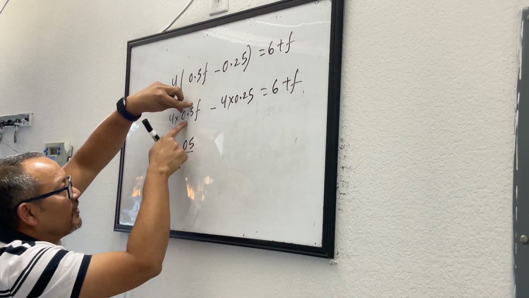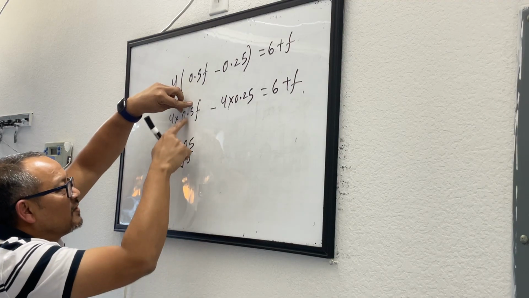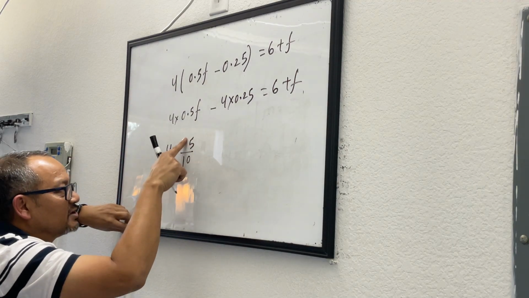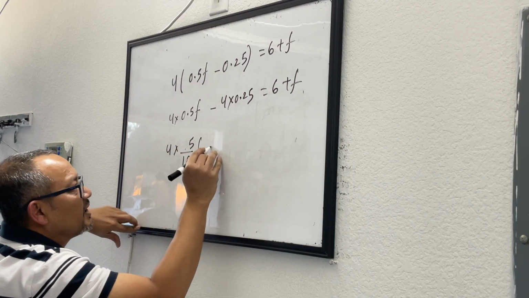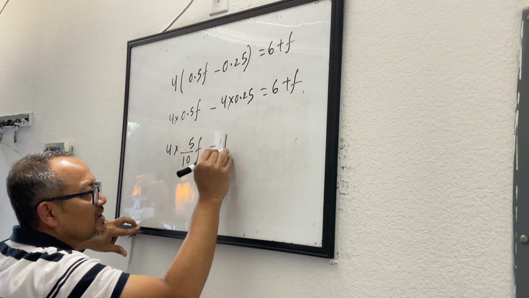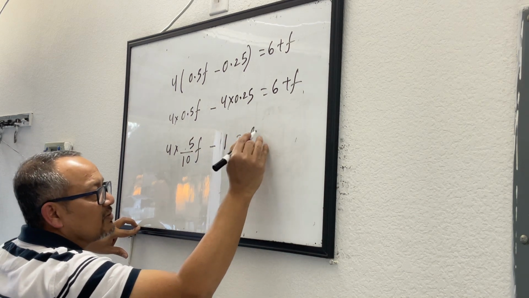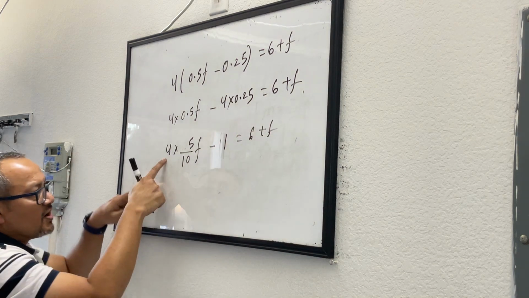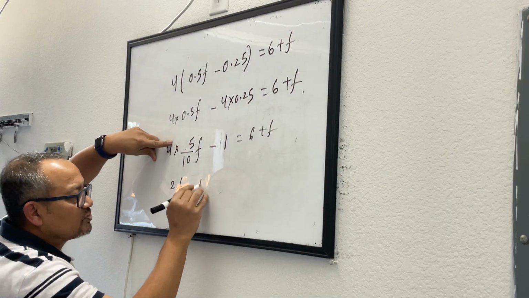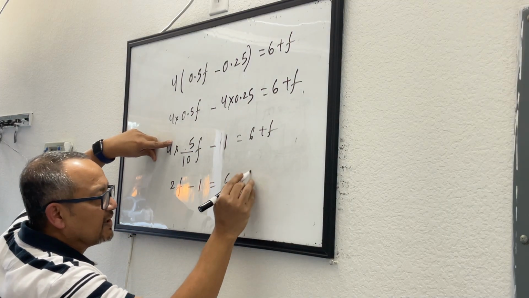I will write 0.5 by 10, 1 for the decimal and I have 1 digit, so 10. So this becomes 5 over 10 f, minus 4 into 0.25 is exactly 1, so I'm not going there, equals 6 plus f. 4 into 5, 20 by 10, that is 2f, minus 1 equal to 6 plus f.